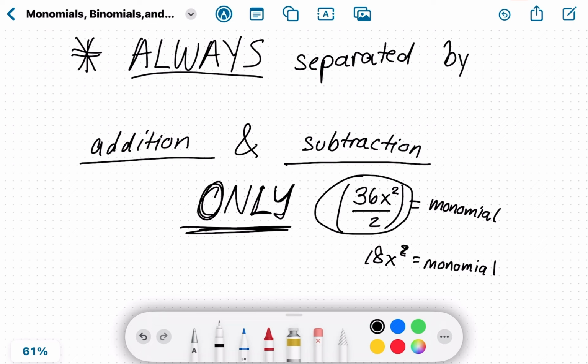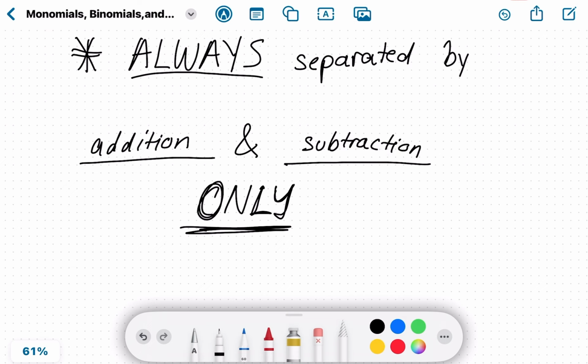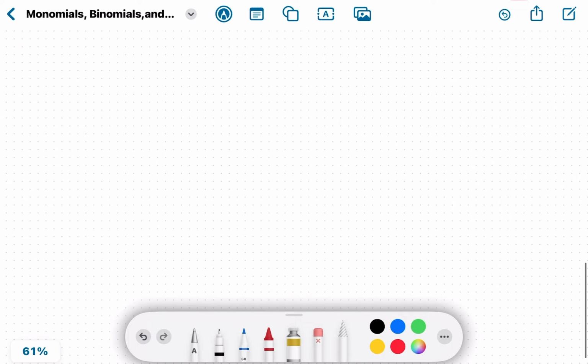Now, you're basically an expert at this. I told you all there is to know about monomials, binomials, and trinomials. So let's practice. Oh, and one more thing to add.